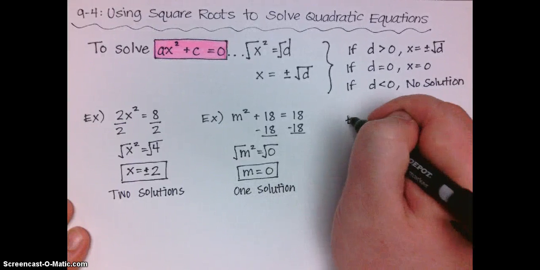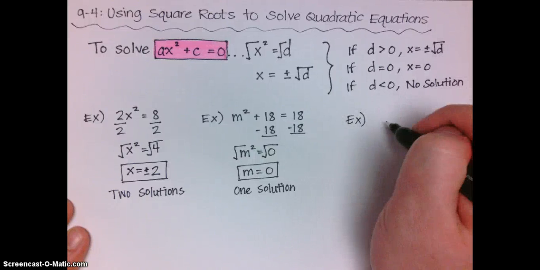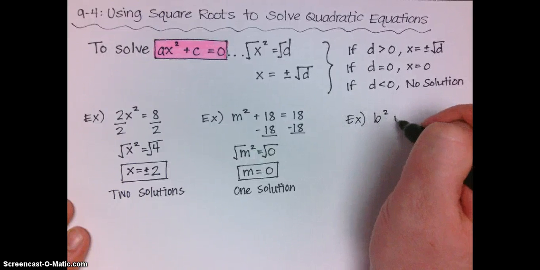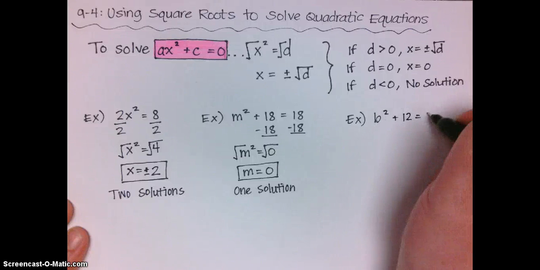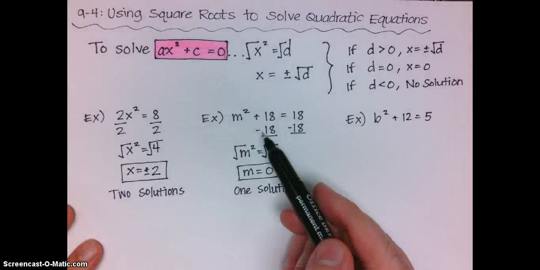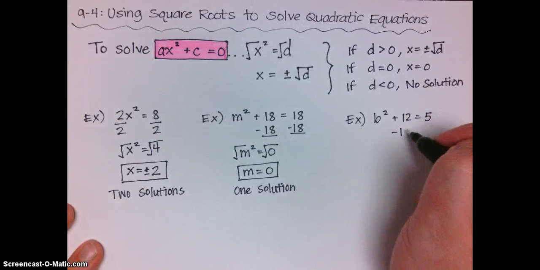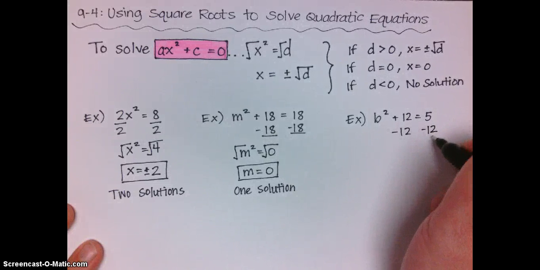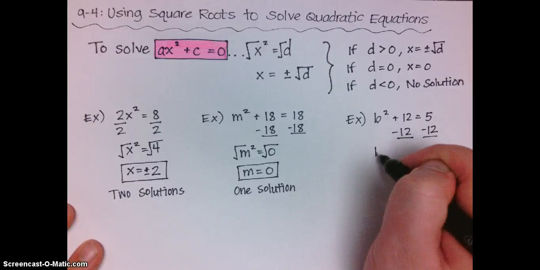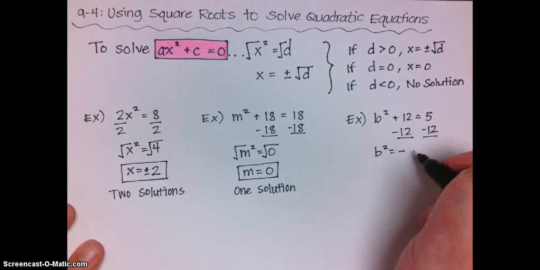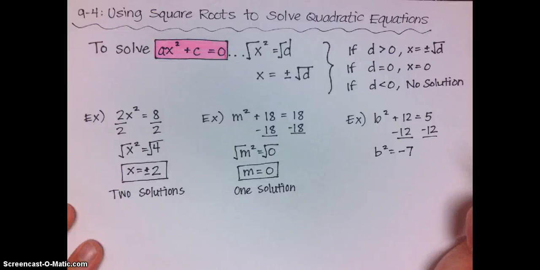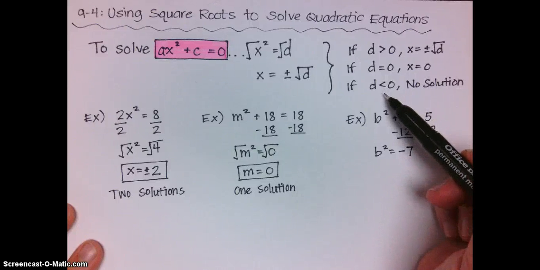Let's try one more example like this. How about b squared plus 12 is equal to 5? It looks very similar in its setup to the second example. I'm going to subtract 12 to get the b squared all by itself. When I do that, I have b squared is equal to negative 7. And this was one of my tips at the beginning.